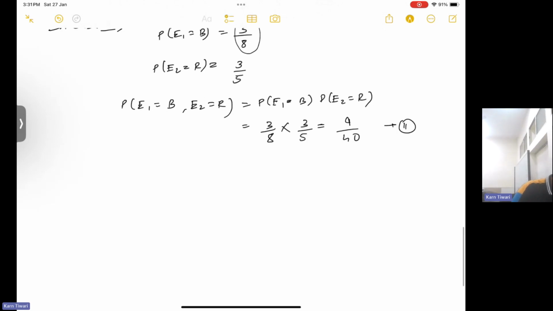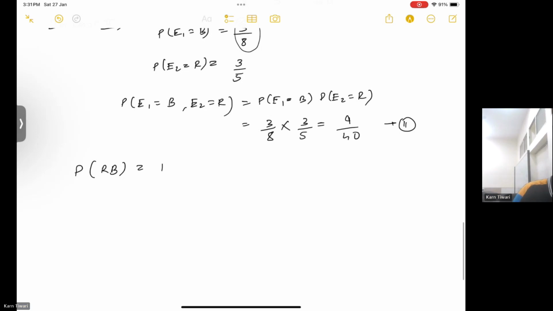Second, now the probability of getting a red and a blue ball, in the event in which we draw one ball from bin 1 and one ball from bin 2, is equal to the probability of E1 equal to red and E2 equal to blue, plus the probability of E1 equal to blue and E2 equal to red.